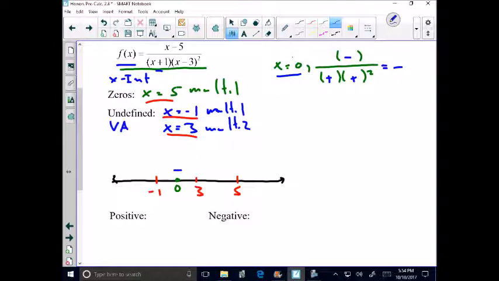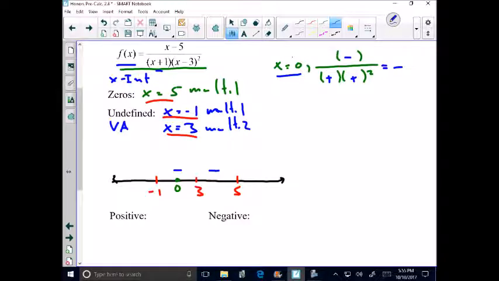Now we're going to go across our x values that give us intercepts and vertical asymptotes, and we're going to look at the multiplicity to determine whether we change signs or not. So right here, when I cross over the x value of 3, which would be where I have a vertical asymptote, I can see that I have a multiplicity of 2, so I'm not going to change signs, I'm going to stay negative.